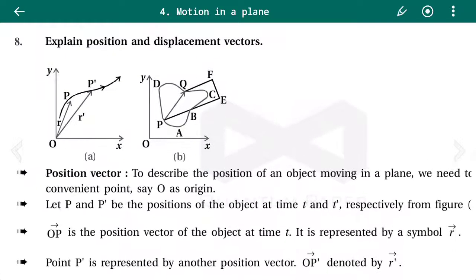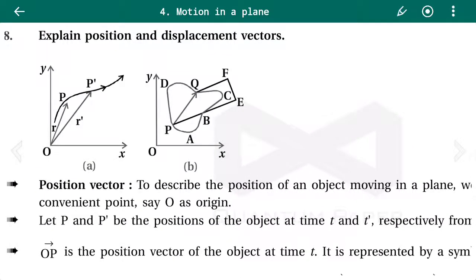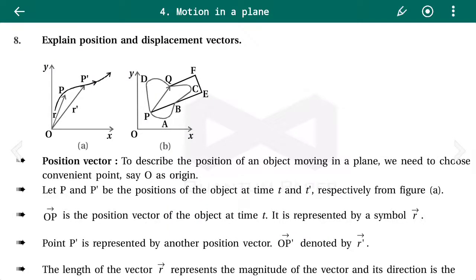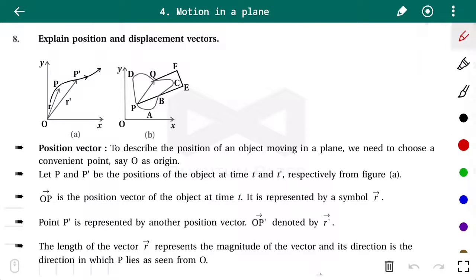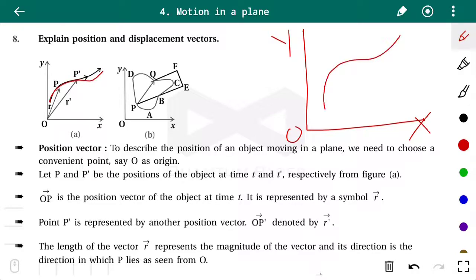So here, as you can see in the figure, the x-y axes are there and the origin O is used as the reference point to mention the position of the object. Let P and P dash be the positions of the object at time t and t dash respectively, from figure A. So you can see over here, in the xy coordinates, this is the path in which the object is moving, right?